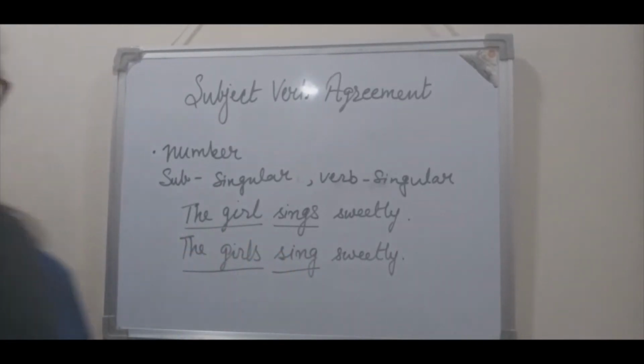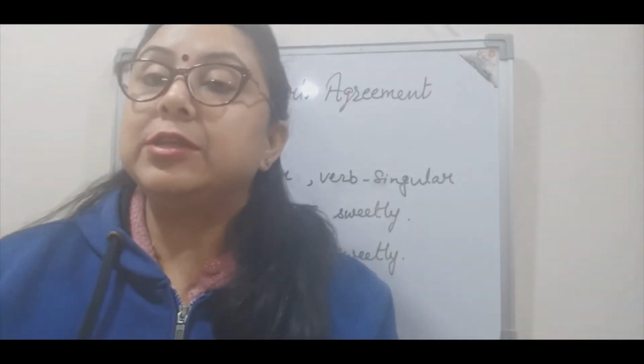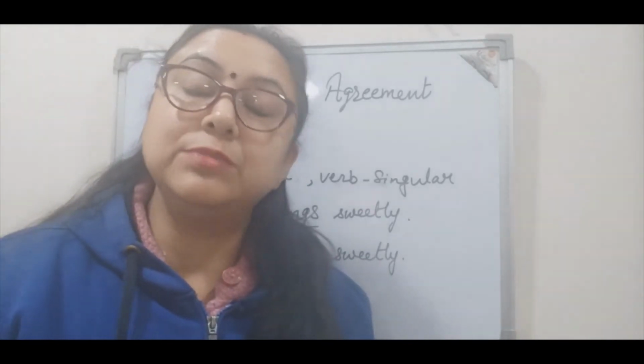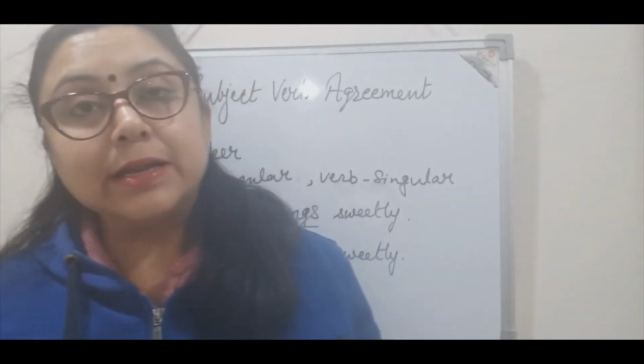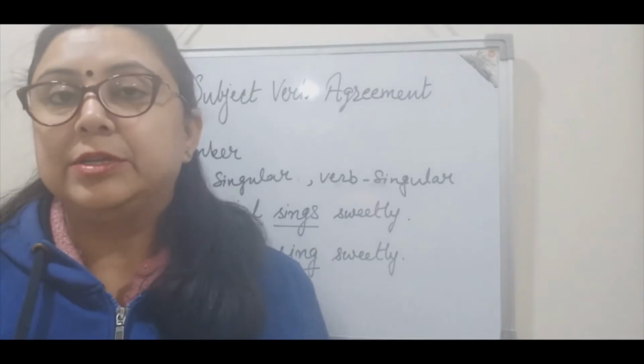So I hope this rule is clear to everyone. Once again, let me repeat. If the subject is in singular number, the verb should also be in singular number. And if the subject is in plural number, the verb should also be in plural number. So this is what the first rule says.